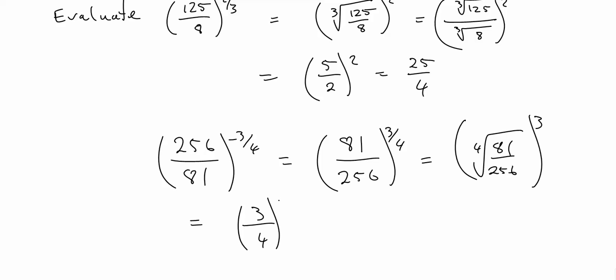So it's 3/4 cubed, 3 cubed is 27, over 4 cubed is 64.